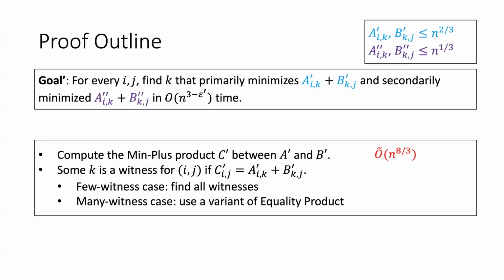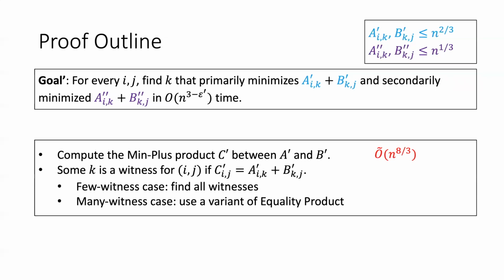So here's the proof outline. We'll first compute the min-plus product C prime between A prime and B prime, because the entries of A prime and B prime are bounded by n to the 2/3. We can do this in n to the 2/3 times n to the omega time, and we are assuming omega is 2, so the runtime is essentially n to the 8/3.